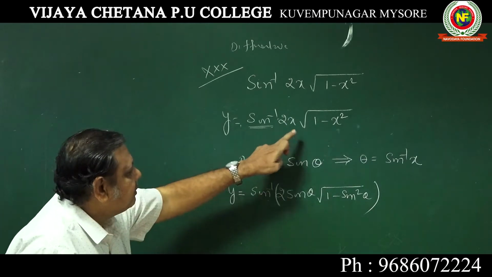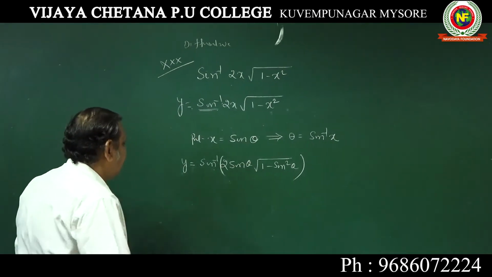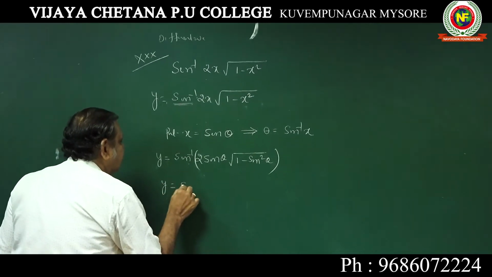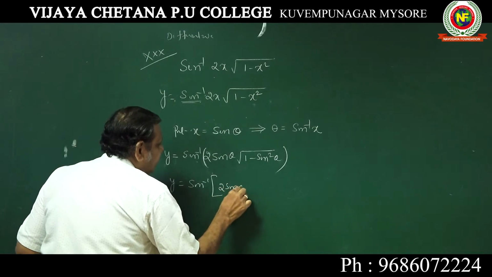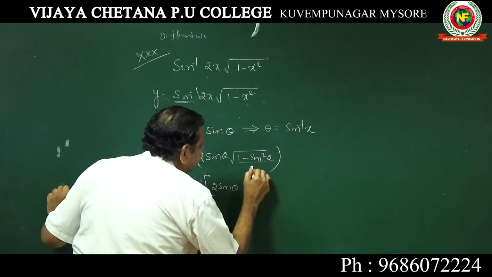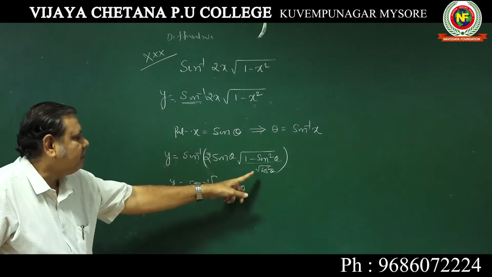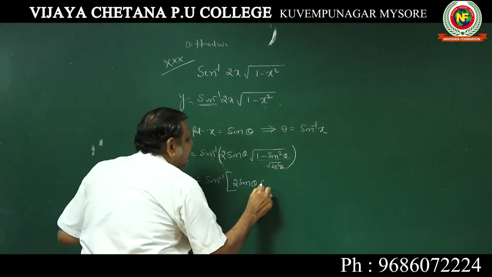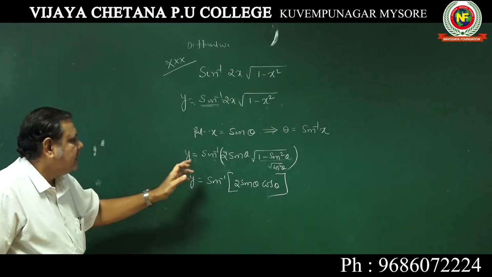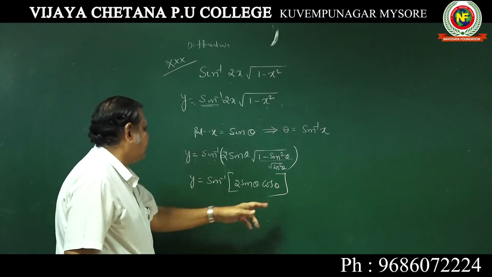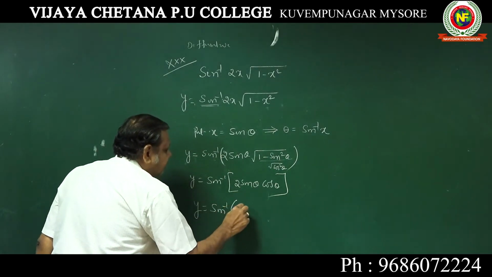Root of 1 minus sin square theta is root of cos square theta, which is cos theta. So 2 sin theta cos theta, y is equal to sin inverse of sin 2 theta.